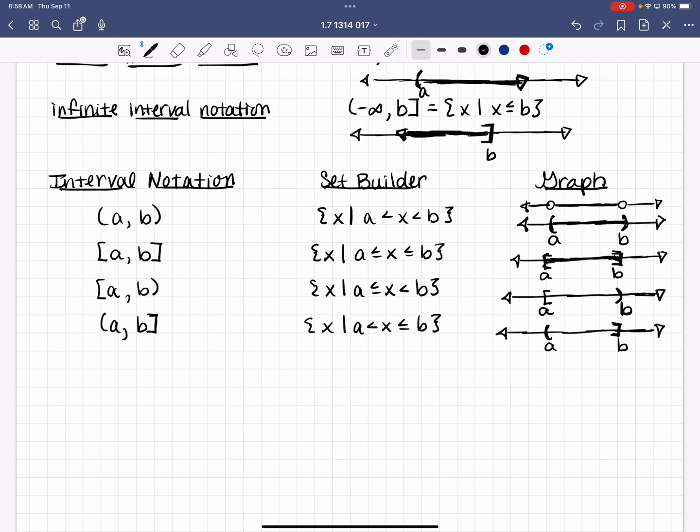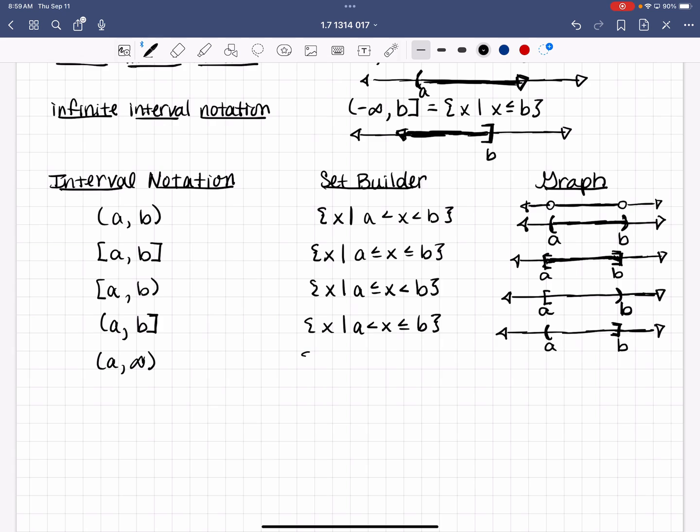Now we've got to include the infinities, those infinite intervals. So we can have an open interval and then an infinite. Guys, when you have the infinite, you never use a bracket with infinity. And here's why. Do we ever get to infinity? We're always approaching it. We keep going and going, but we never get there. So it always has a parenthesis.